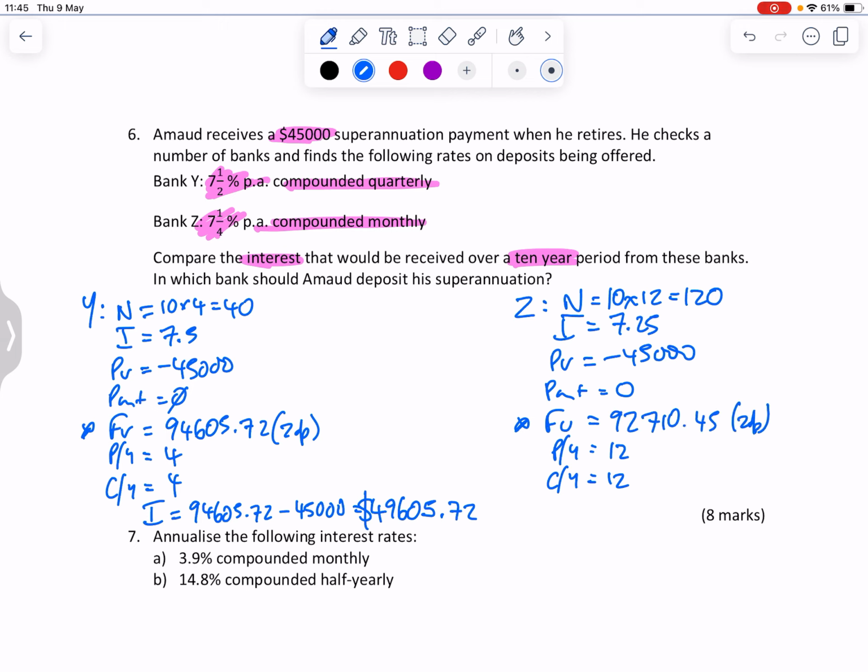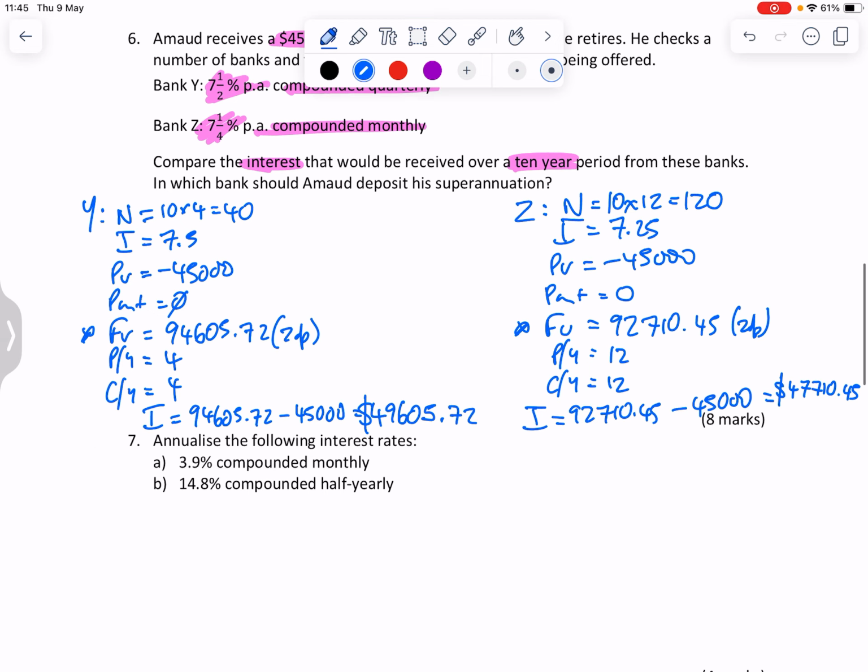Interest, 92,710.45 minus what I put in the first place, 45,000. 92,710.45, take away 45 grand. 47,710.45. Compare the interest that we received.